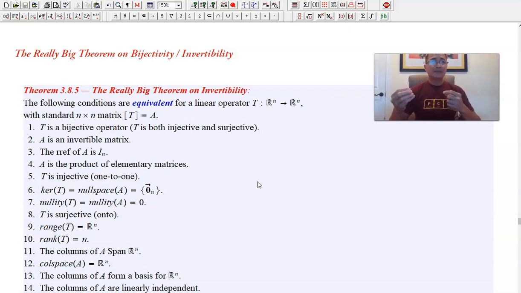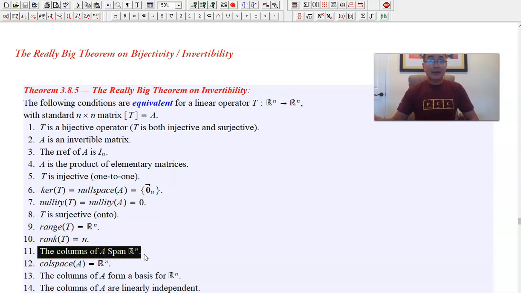So in other words, each pair of these conditions is an if and only if statement. Okay, so for example, pick any two that you want. We can say that T is injective one-to-one if and only if the columns of the matrix of T span all of Rn. Okay, so that's one possible pair.